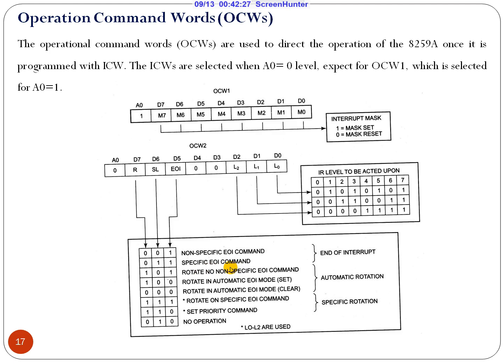Non-specific end of interrupt command means whenever a higher priority interrupt is being processed, when the end of interrupt comes, then that particular end of interrupt command jumps to the next lower priority interrupt. If that is the case, then that is going to be a non-specific end of interrupt command.